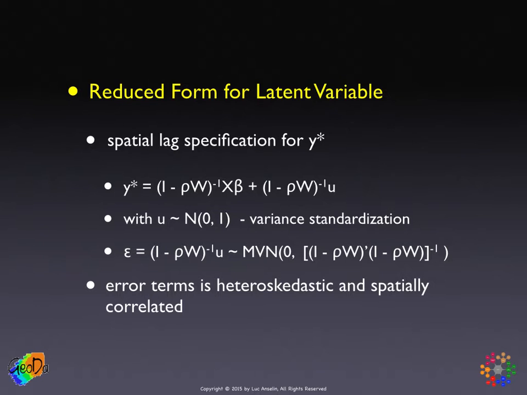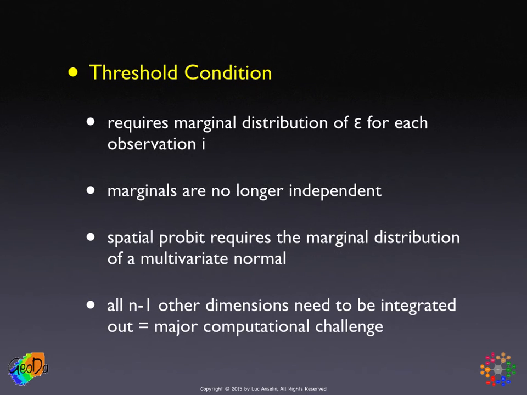This creates a lot of problems because our traditional threshold condition is expressed for each observation. For each observation, we determine the probability of observing a 1 or a 0. To express this formally, we need some kind of cumulative distribution function, the probability for a function of x and beta.